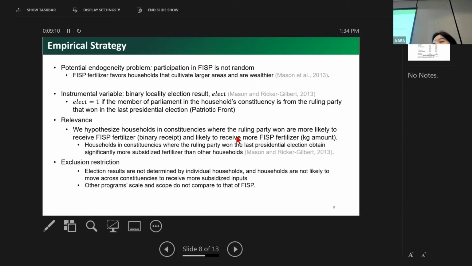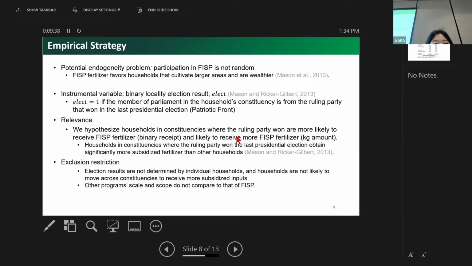We hypothesize that households who live in constituencies where the ruling party won are more likely to receive FISP fertilizer and also likely to receive more FISP fertilizer once they get selected. This is based on a previous study that in Zambia, for political reasons, the ruling party is likely to allocate much more subsidized inputs in the areas where they won.